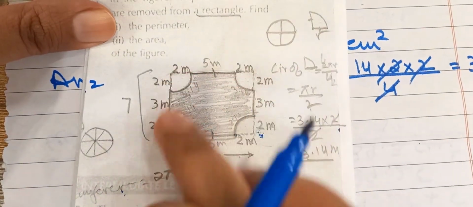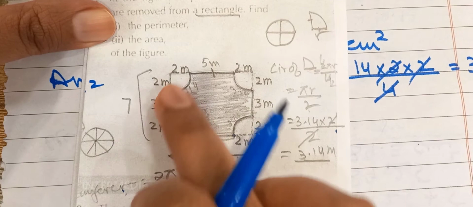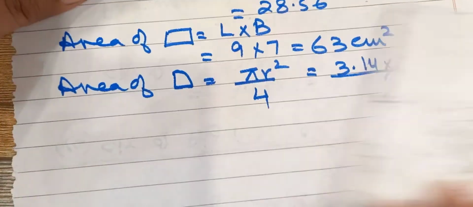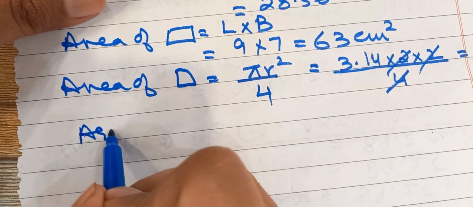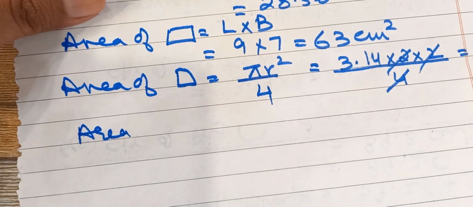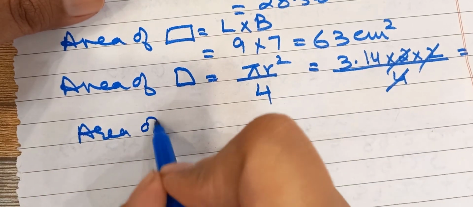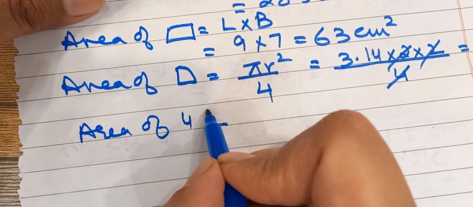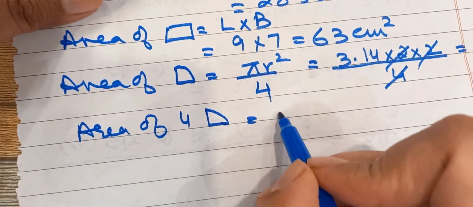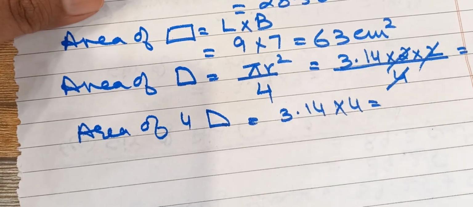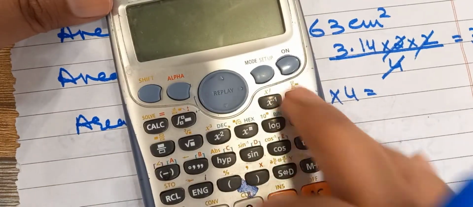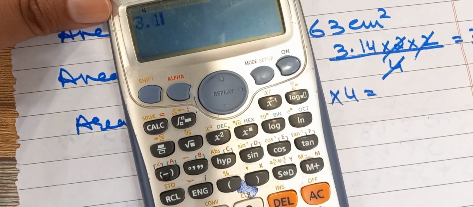Now we can see that there are 4 such quadrants, so we shall multiply the 3.14 with 4 and we shall get the area of the 4 quadrants. Area of 4 quadrants is equal to 3.14 into 4.